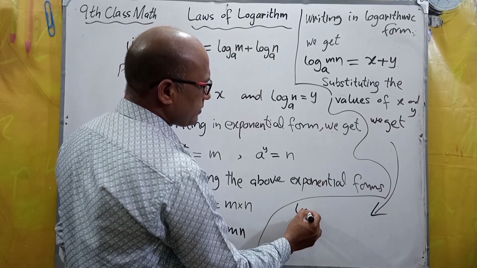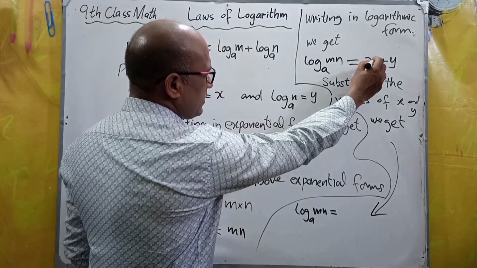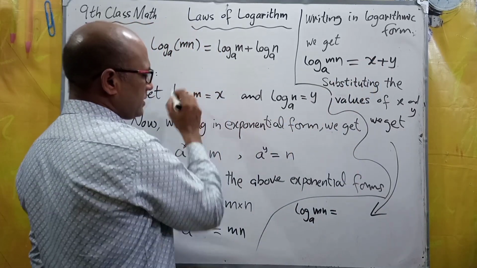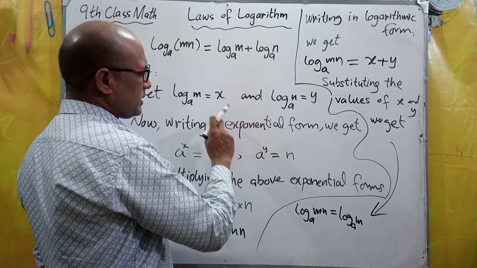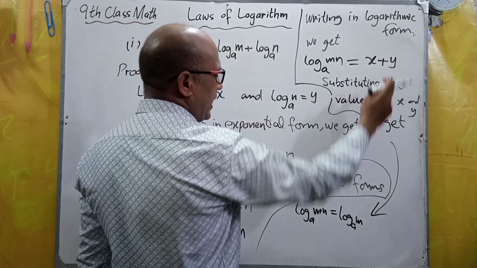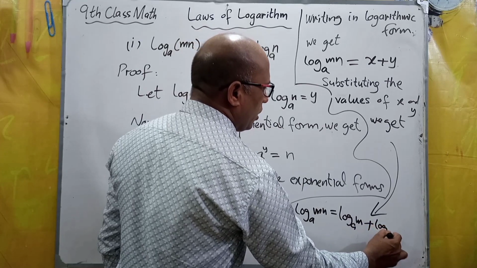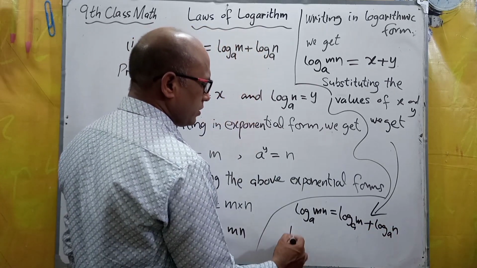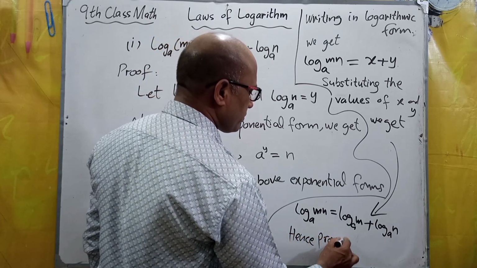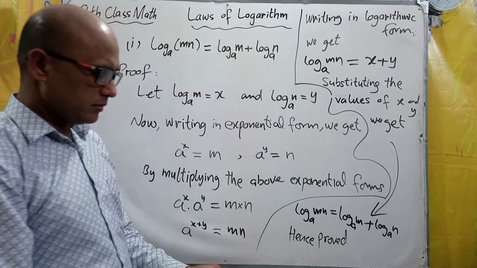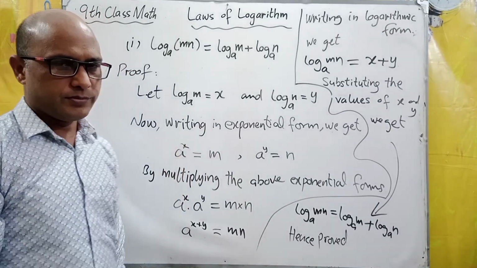So log a of mn is equal to, in place of x we'll write log a of m, and in place of y we'll write log a of n. So we'll write hence proved. This is how to prove first law of logarithm.